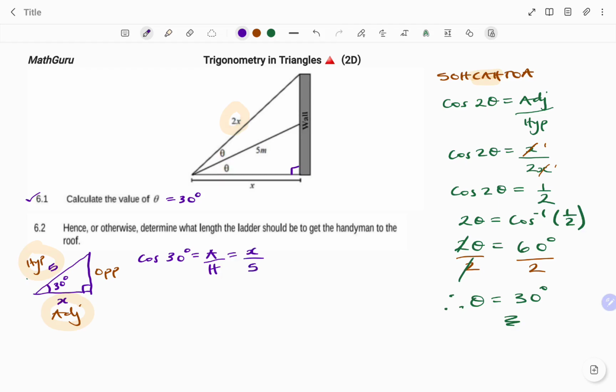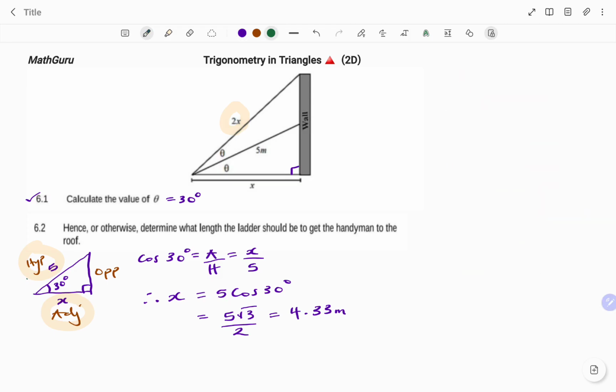So therefore, if I cross multiply, the value of x will be 5 times cos of 30 degrees. So the value of x equals 5 root 3 over 2, which is also equal to 4.33 meters to 2 decimal places.